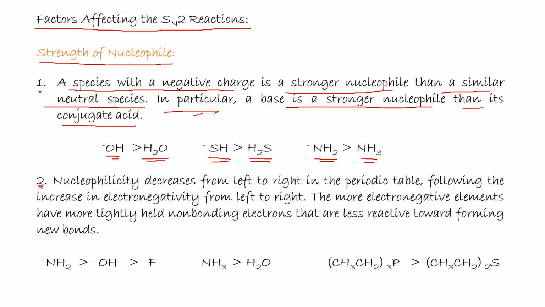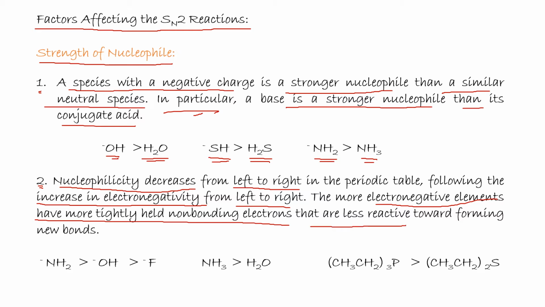Second point, nucleophilicity decreases from left to right. So, increasing electronegativity from left to right, the more electronegative elements have more tightly held non-bonding electrons that are less reactive toward forming a new bond.